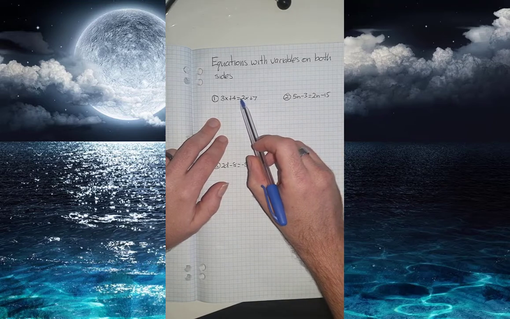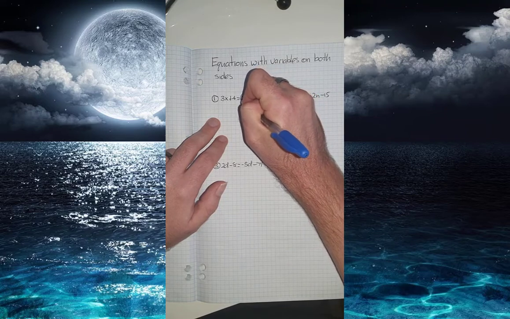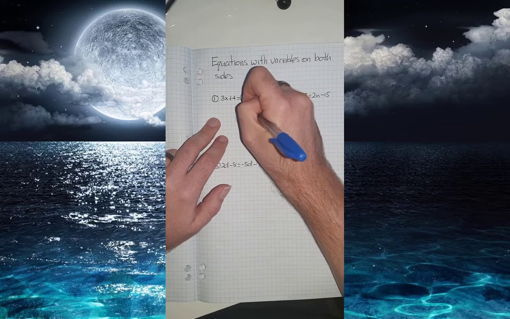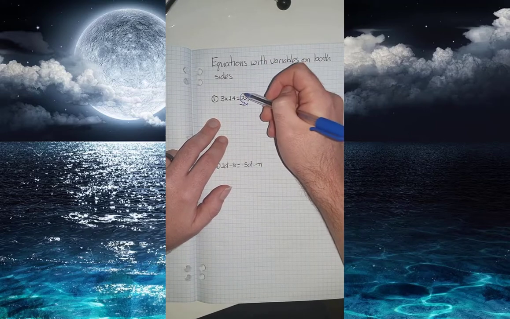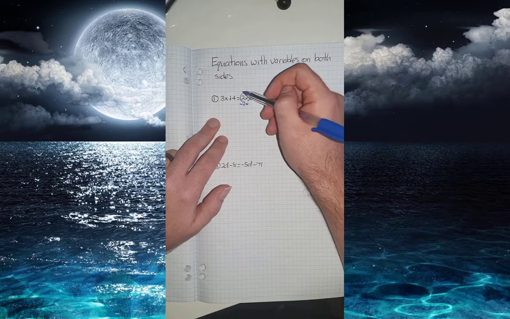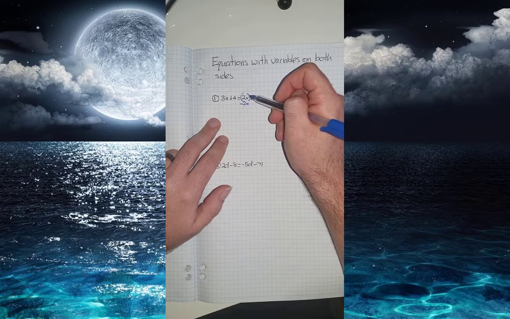So if this is positive 2x, I'm going to deal with it as a complete term. I don't have to break it up. So I'm going to go minus 2x. So plus 2x, minus 2x. They're like terms, so I can add and subtract these because they have the same pronumeral.